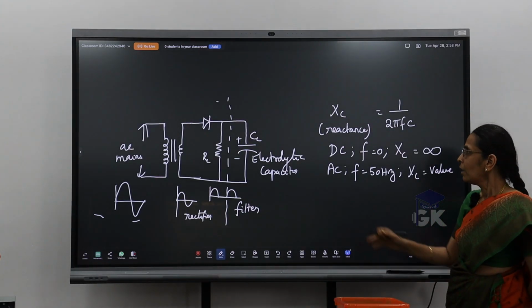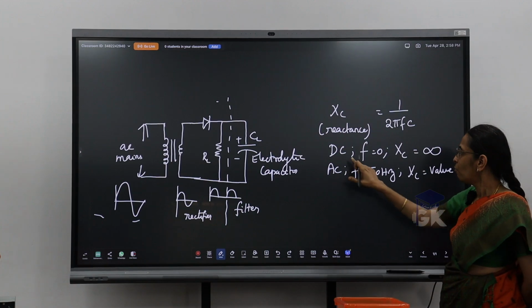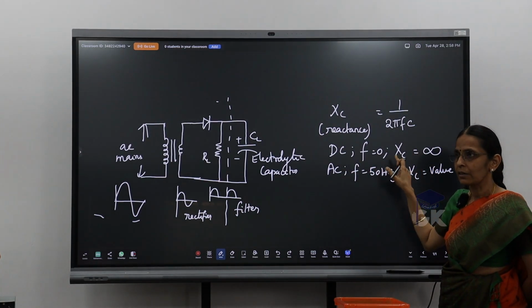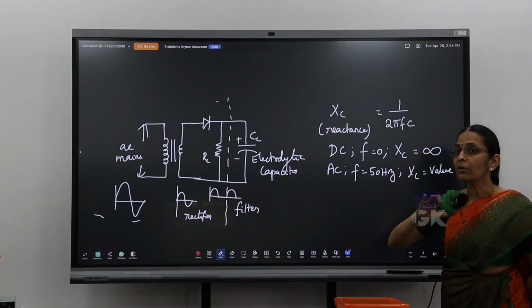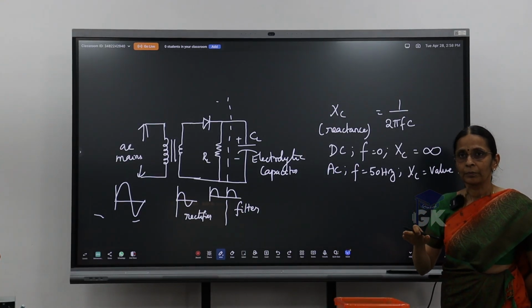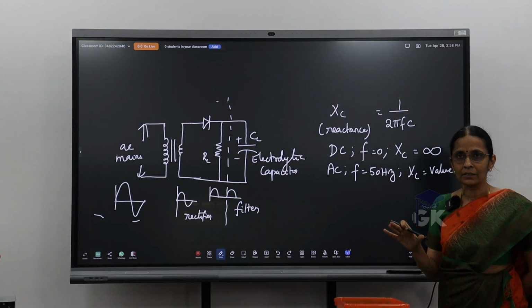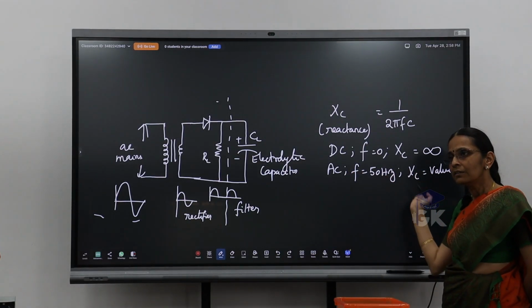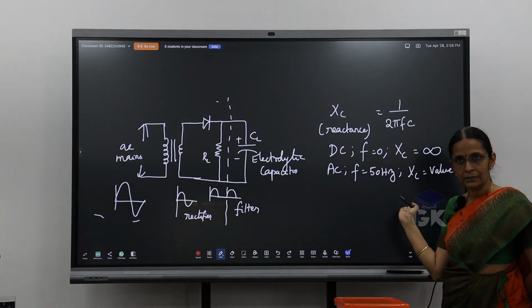So what does it mean? My capacitor, for a DC signal, offers an infinite reactance. It means it is not going to allow my DC signal to pass through. It will block my DC and allow the AC, because for AC, the reactance is comparatively less.